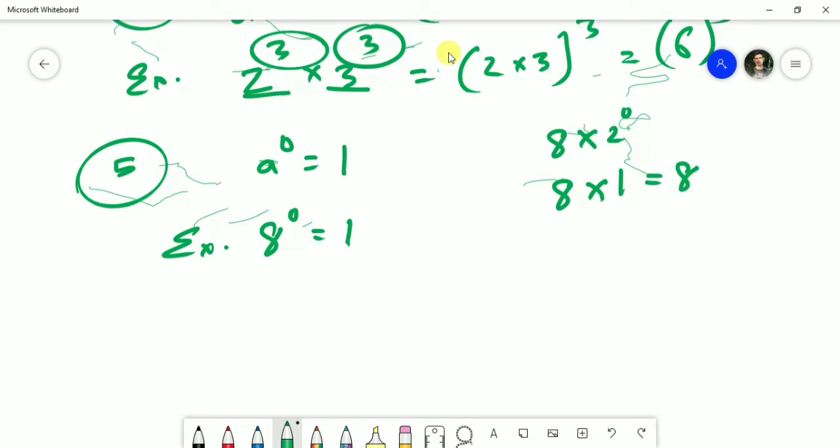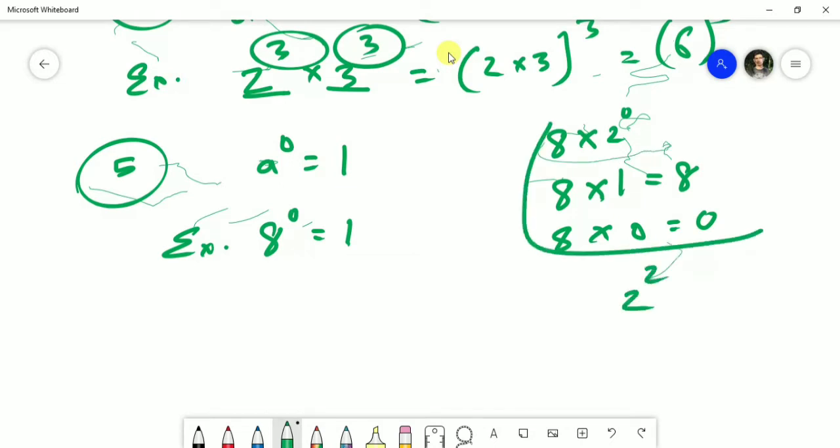8 ones are 8. But if you take 0, then this will become 0, because 8 into 0 will always become 0. Let me show you more about power. For example, 2 power 2 shows that two 2s are there. If I write 2 power 1, it means 1 two is there.